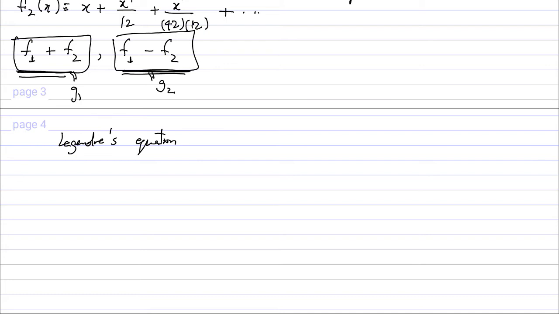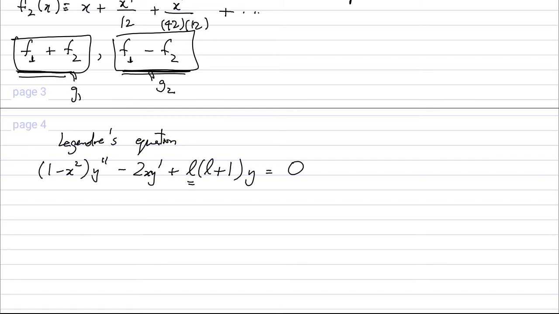It looks of the form (1 minus x squared) y double prime minus 2x y prime plus L(L plus 1) y is equal to 0, okay. This L may or may not be an integer. Usually it is, as we'll see, but right now just take it as a real number.